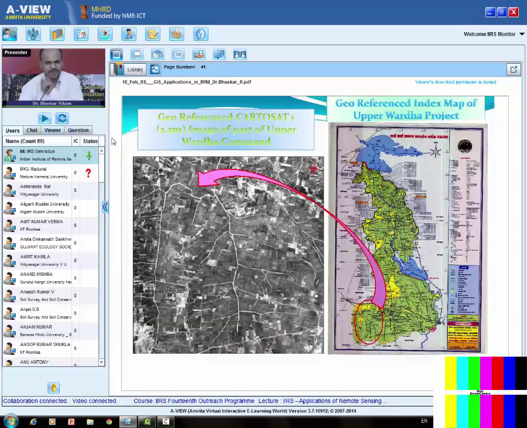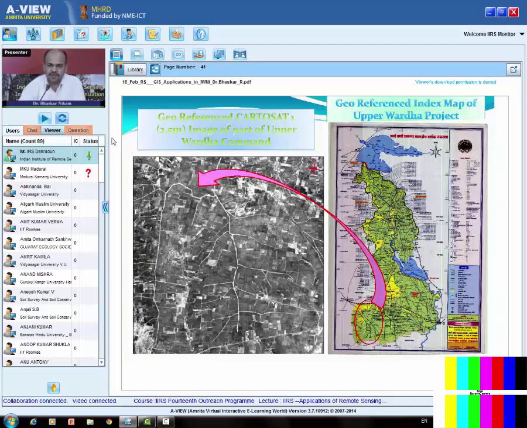So you can see here I am showing you the index map. This is not to scale, not a georeferenced index map of your area. So if you ask me which farmer will get water from this particular canal, I cannot tell you, because this is not georeferenced. To know this, I have to go to the field and scroll through the records. It's a laborious process.